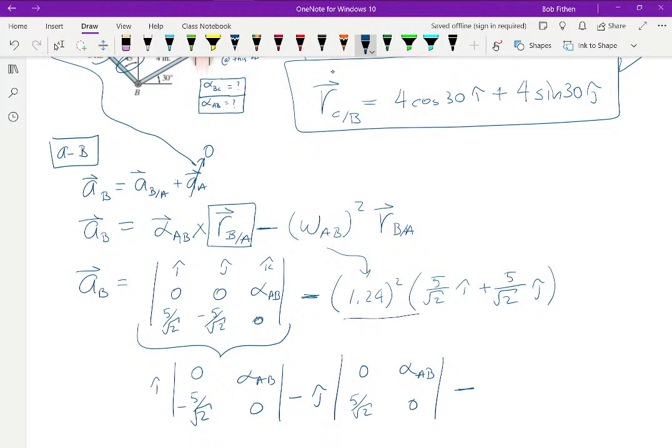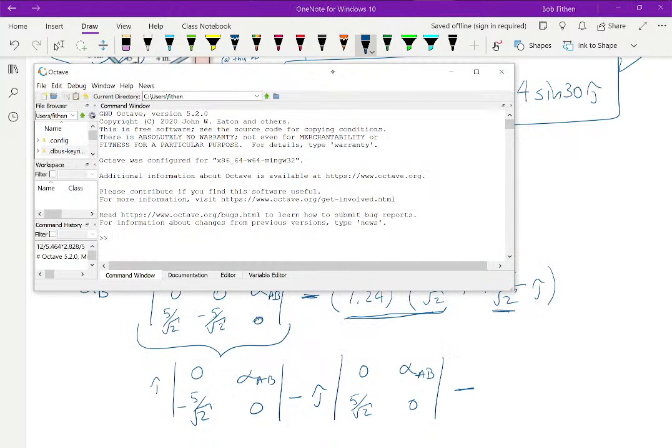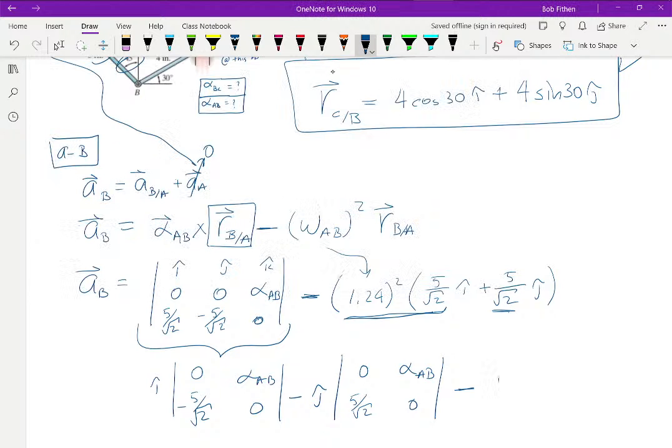Now, the reason I brought it up is because I'm going to figure out these components in a numerical sense. And that's 1.24 times 5 divided by the square root of 2, 4.38. I'll just stop it at that, 4.38.